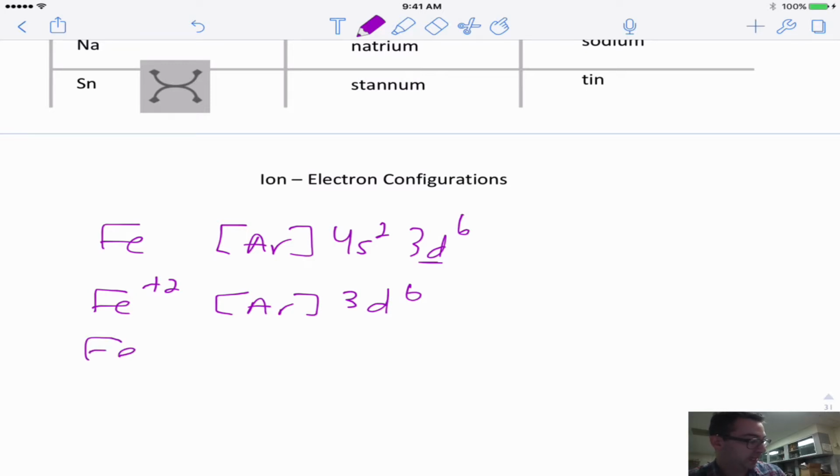And when it becomes Fe+3, it now will then start to lose from the 3d. This is why these transition elements can have multiple positive oxidation states. It's because they can lose from both their 4s and their 3d, or their 5s and their 4d. From both their s and d orbitals, they can lose electrons.